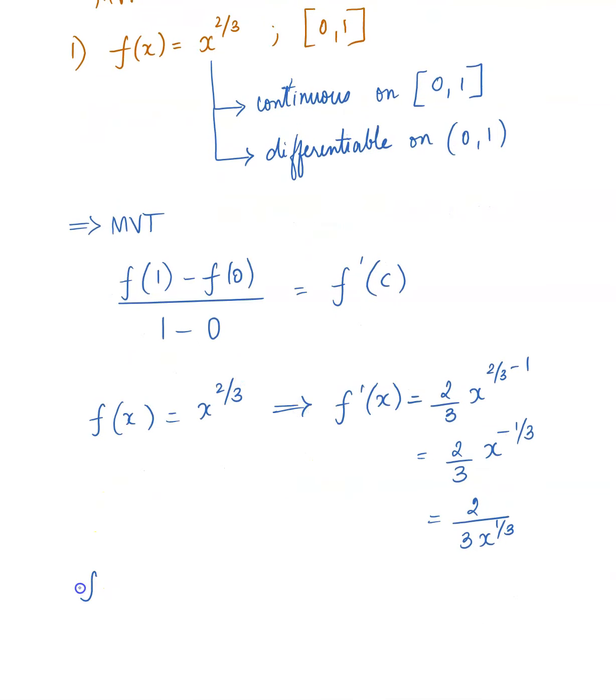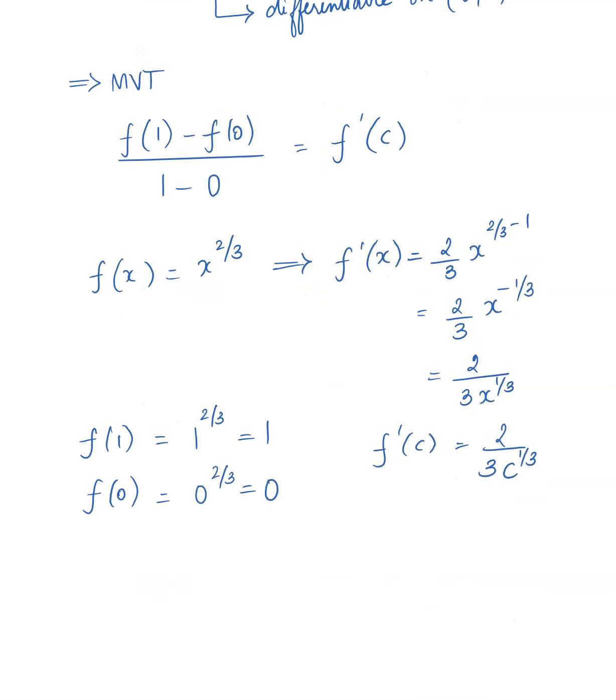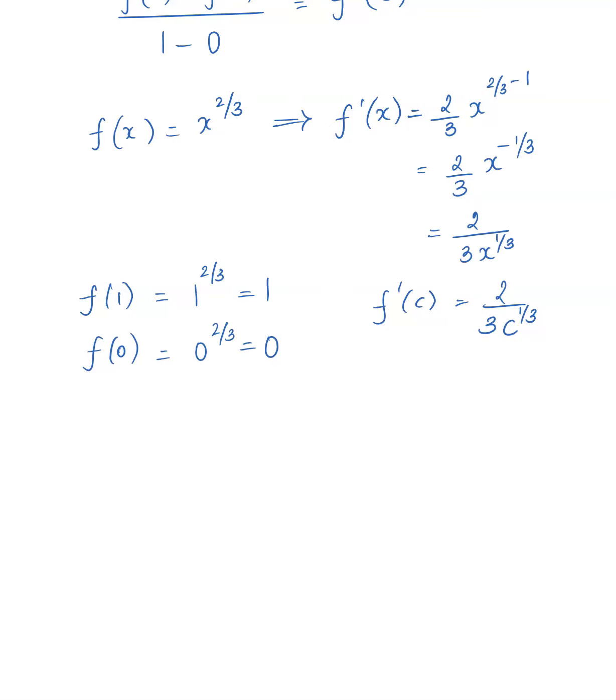Now we need to find f of 1. F of 1 will be 1 power 2 over 3, which is 1. F of 0 will be 0 power 2 over 3, which is 0. And then here, f prime of c will be 2 over 3 c power 1 over 3, because you're plugging in for x as c. We got all these values. Now let's go ahead and put it in the MVT.